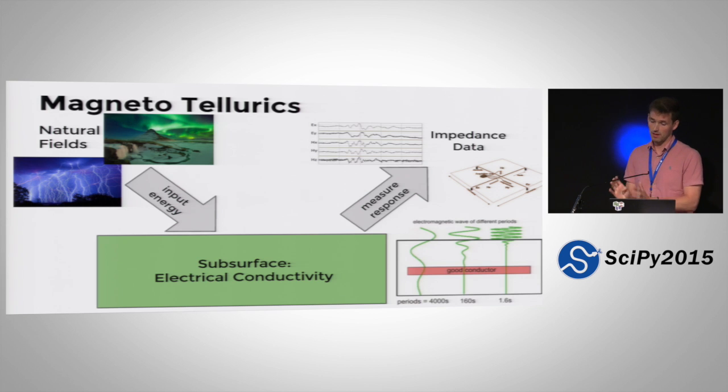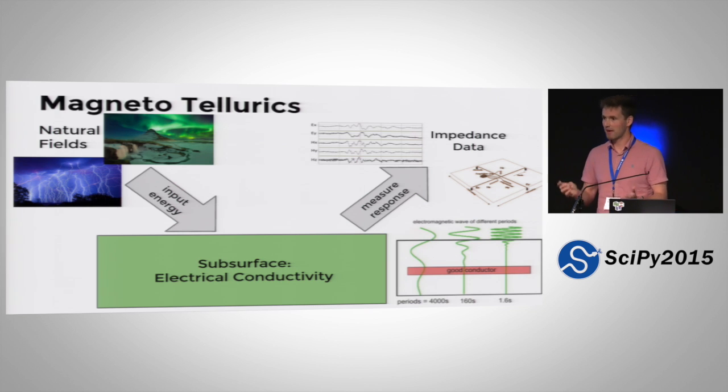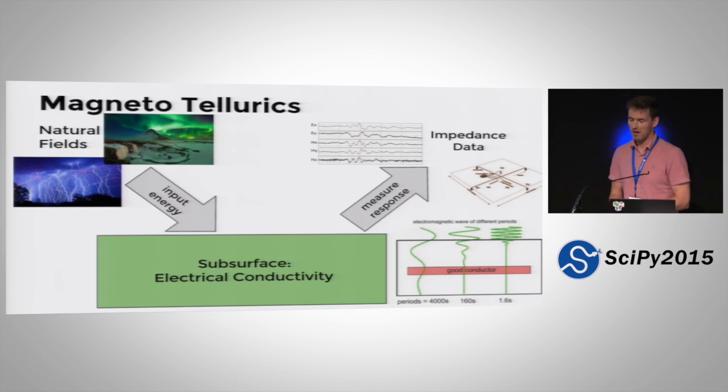So if you have sharp contrasts, it makes a secondary field that we then measure on the surface by laying out all kinds of wires and putting up all kinds of coils and stuff. We get out these data files, which are time series, we process them, and we get our impedance data, which is basically a tensor of complex numbers that we then interpret.